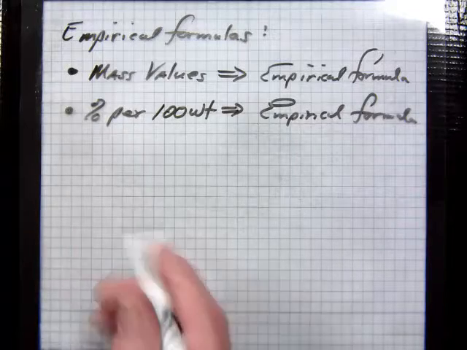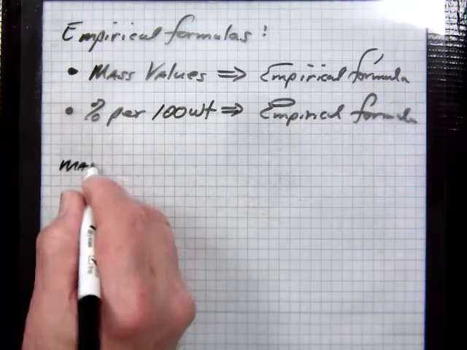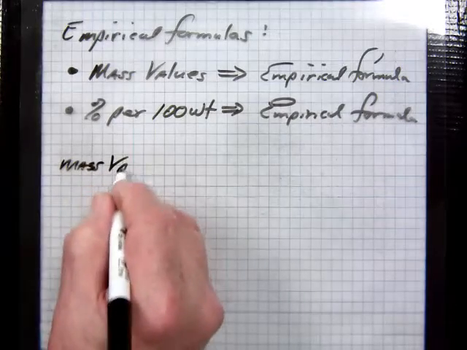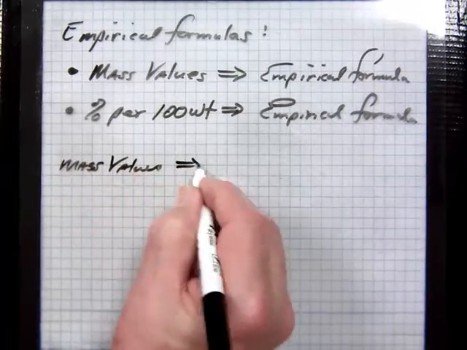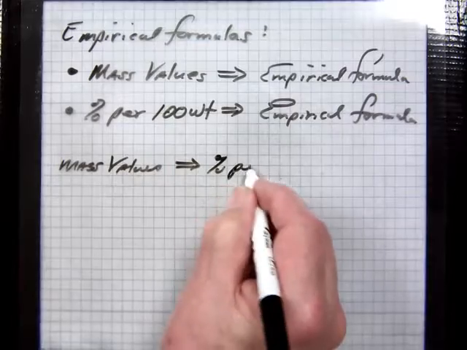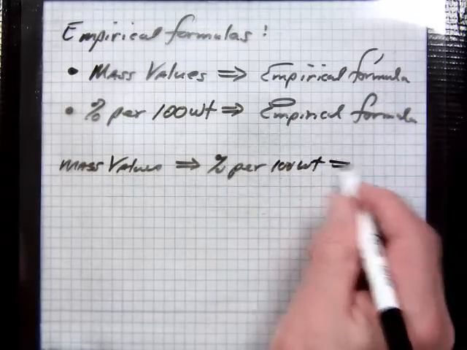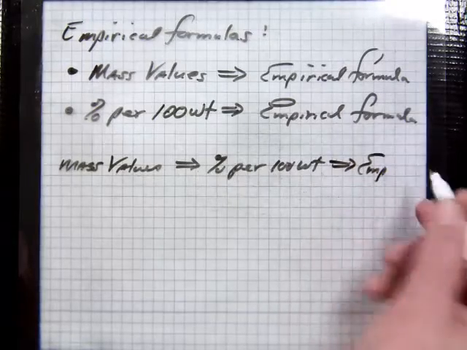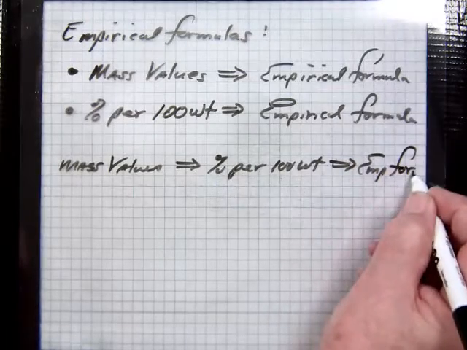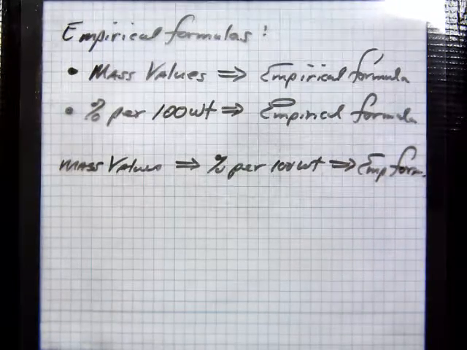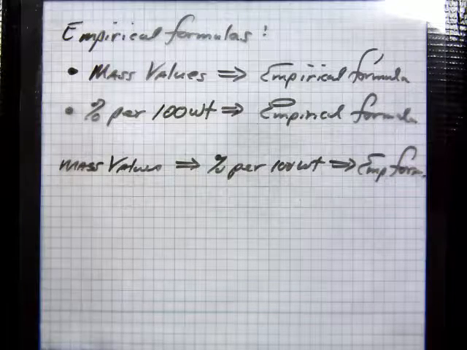So what I'm saying is the mass values are first converted to percent per hundredweight, and then onto your empirical formula. In that context, just to give you kind of a strategy issue here.